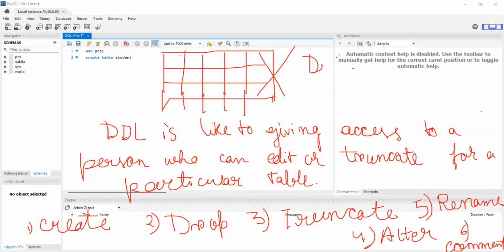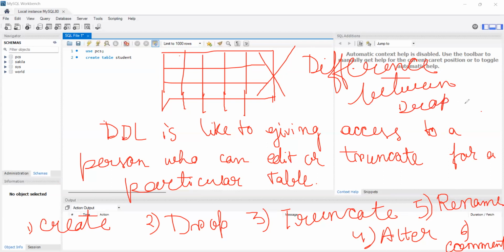So this is the basic difference between drop and truncate. The heading is drop and truncate. Write what I am saying. The drop command is used to delete the whole table structure with the whole database.